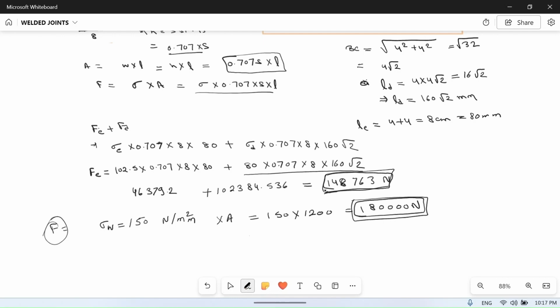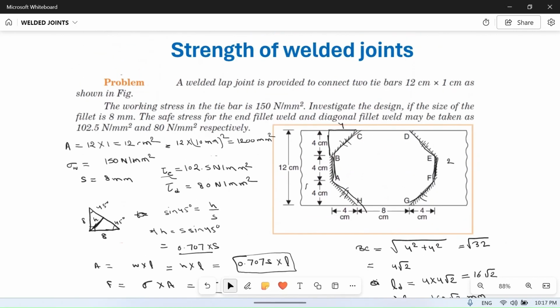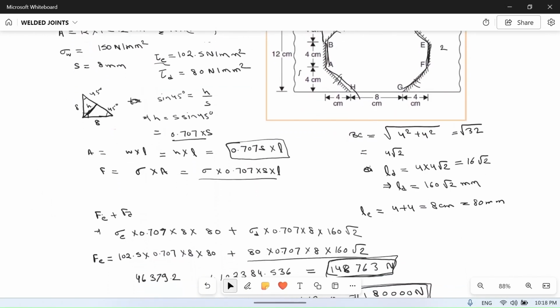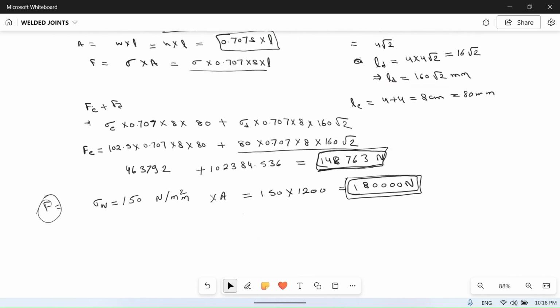But it can resist only up to 1,48,000, means the welded joint is weaker, so it is not safe. So we have analyzed that the welded joint is not safe.